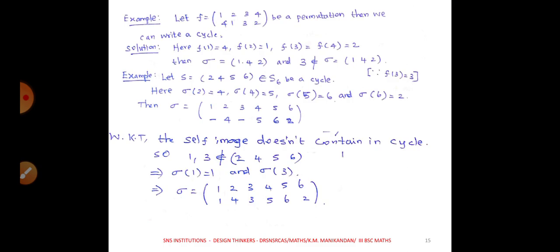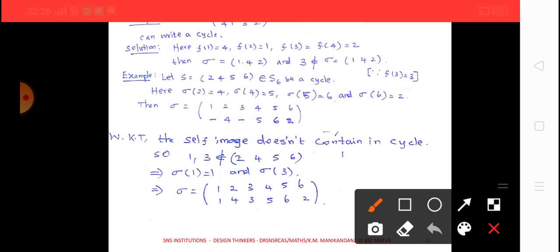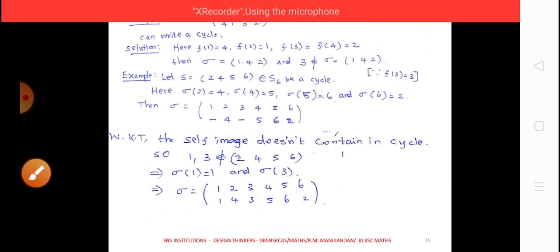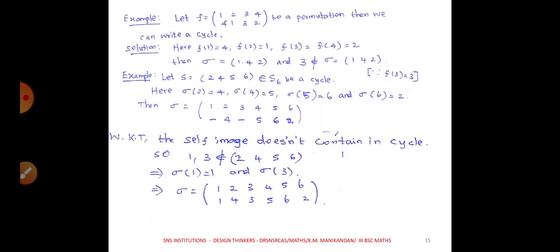Now let us see an example. Let f be the permutation with 1 mapped to 4, 2 mapped to 1, 3 mapped to 3 and 4 mapped to 2. Then we can write a cycle. Here f of 1 is 4, f of 2 is 1, f of 3 is 3, f of 4 is 2.